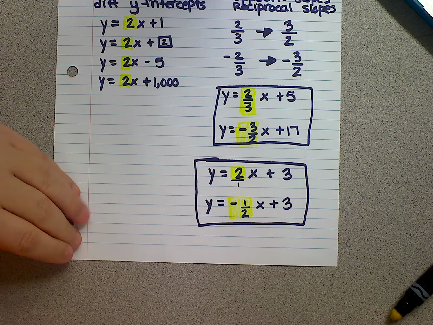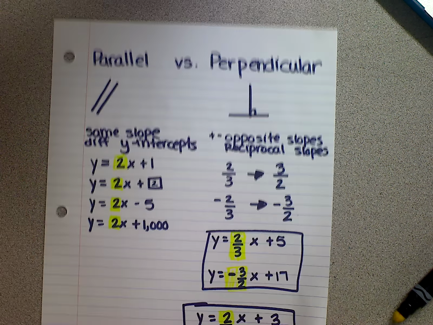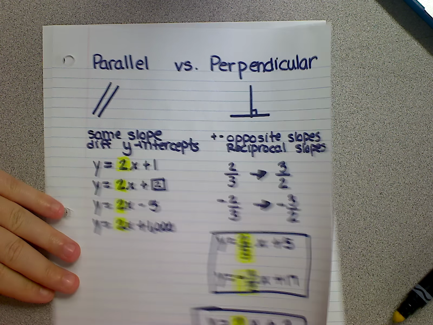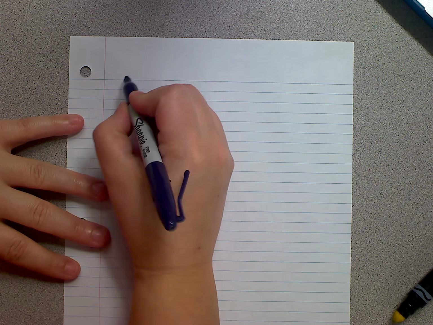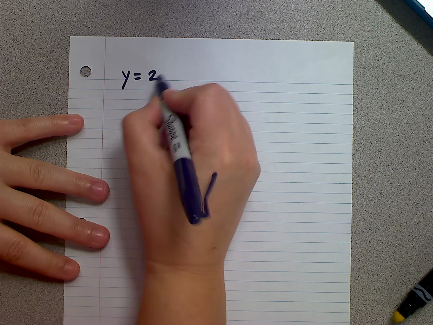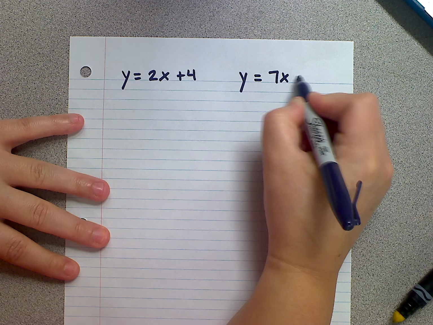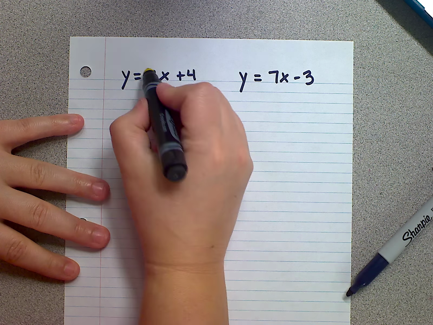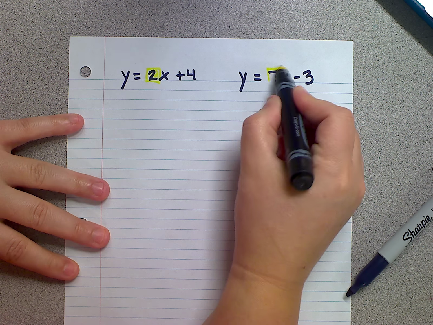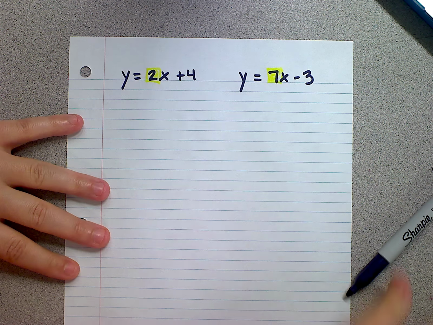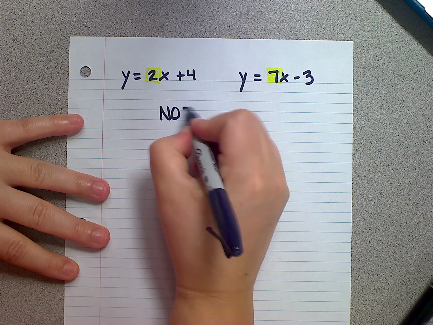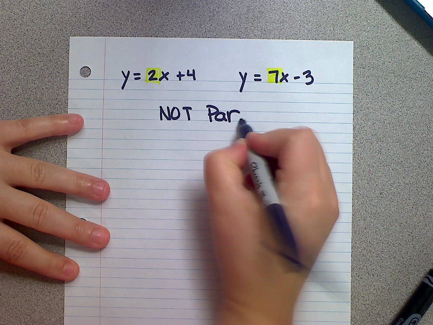Now this brings me to another point. We know about parallel and perpendicular lines, but let's talk about an equation where they're neither parallel nor perpendicular. So if I had y equals 2x plus 4 and y equals 7x minus 3, we see that these slopes are not the same, so they're not parallel, and I'm going to abbreviate.